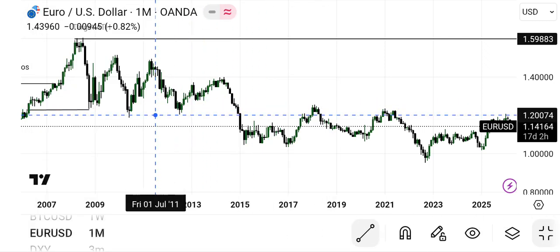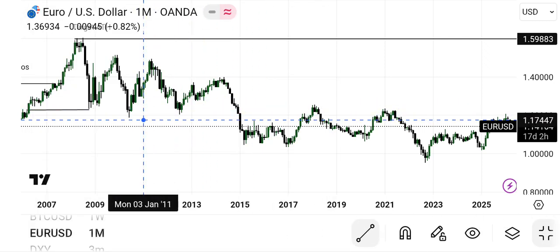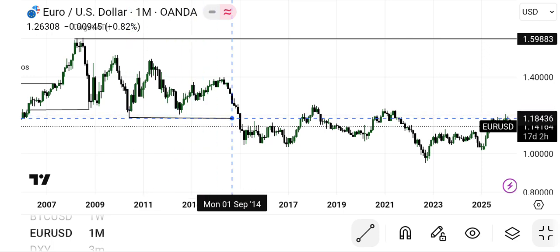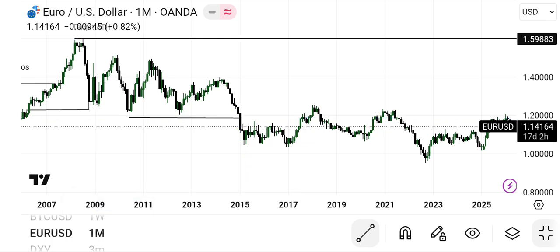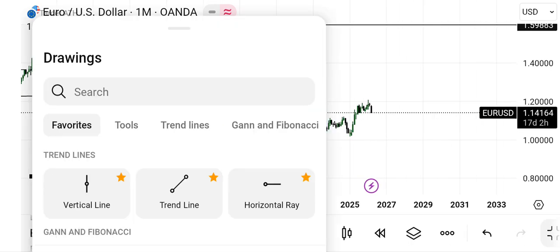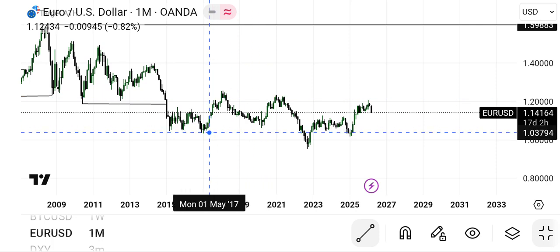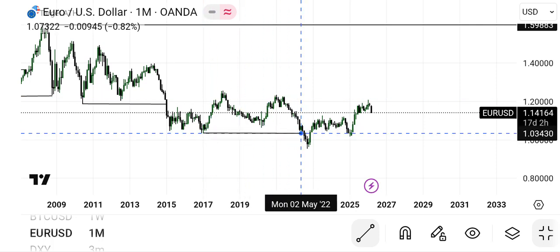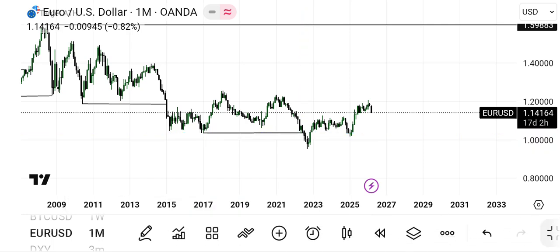So I will mark out my key levels. Here you have a break of structure. There's a break of structure, another break of structure. Here is another break of structure, whereby price swept out liquidity and pushed to the upside.